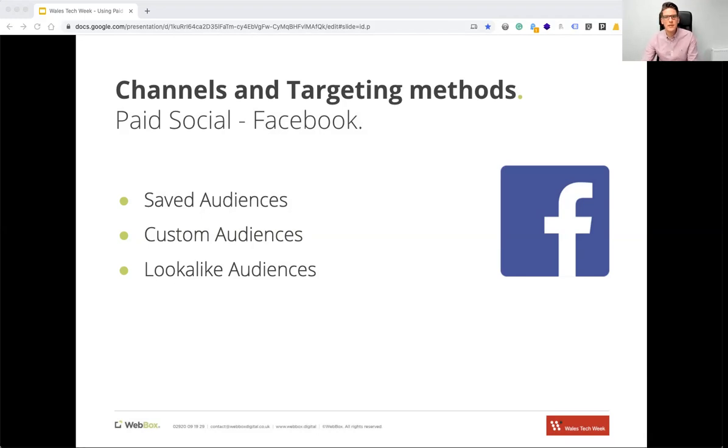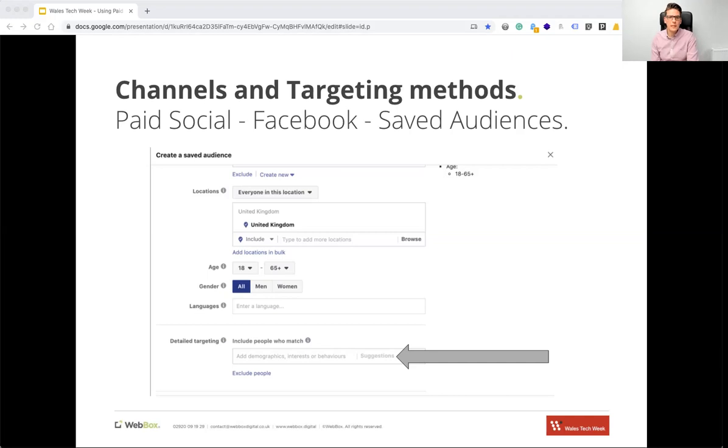Deep diving into Facebook specifically, there are, I guess, three core targeting options. You've got saved audiences, custom audiences, and lookalike audiences. I just want to have a quick look at each of those three.